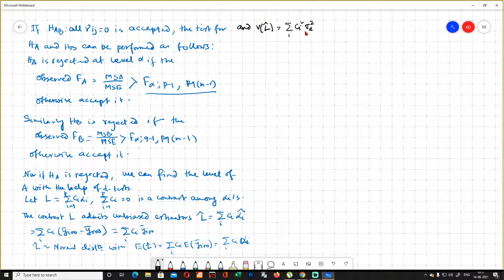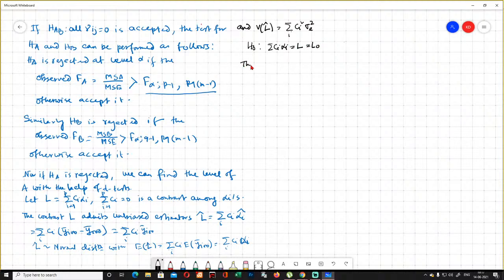Okay, since sigma squared is unknown, now we want to test H naught: the sum over c_i alpha_i, which I denoted by capital L, equal to L naught.